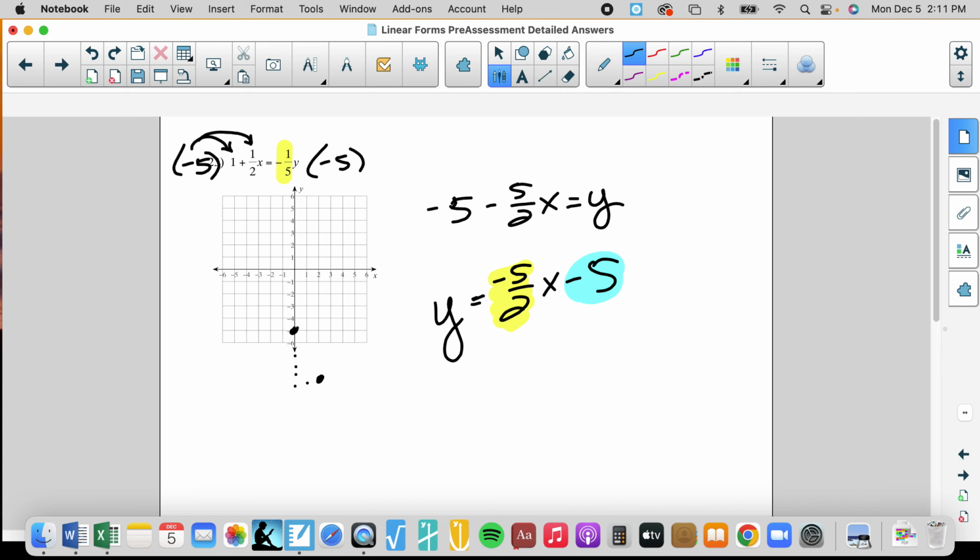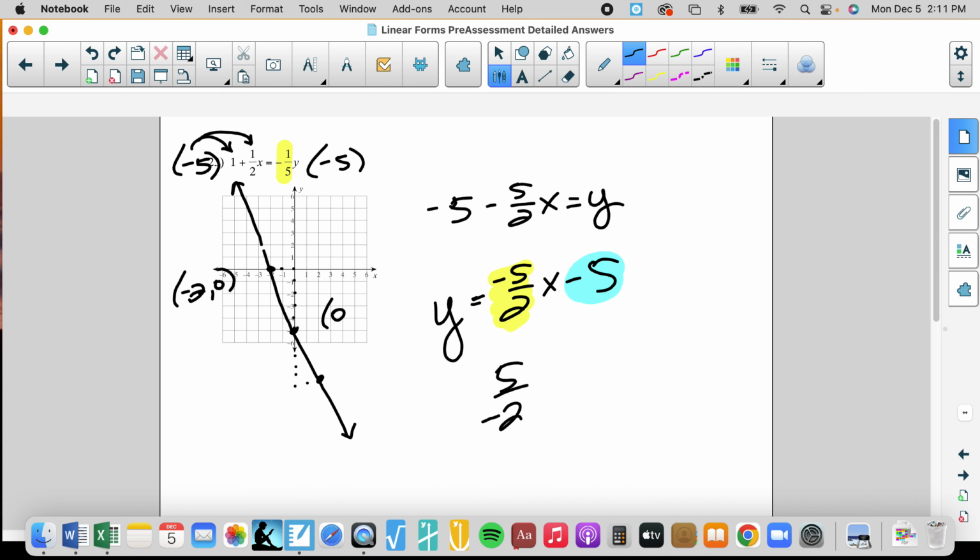Takes me right about here. If I flip it and do the other way, meaning if I wrote it as 5 over negative 2, that's going to be up 5. 1, 2, 3, 4, 5, left 2. So I could have those. Either of those points works. How cool was that? That was pretty fun. So negative 2, 0 is one of them.